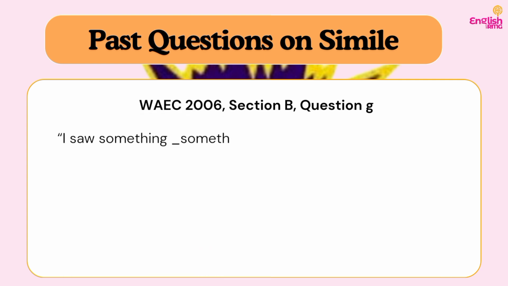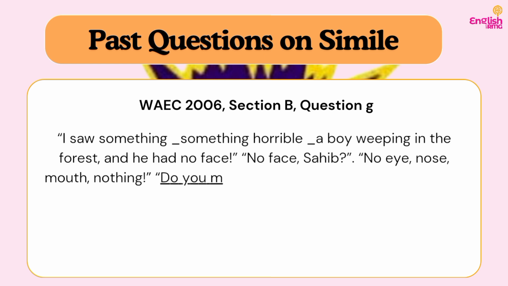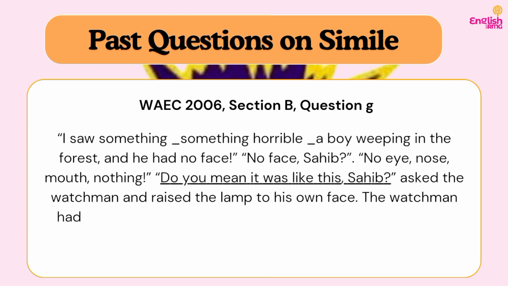So let's move on to the next question, which is question G from section B, WAEC 2006. So here we have: I saw something horrible. A boy weeping in the forest, and he had no face. No face, Sahib. So this is like a conversation between two persons. Do you understand? So the other person was exclaiming.